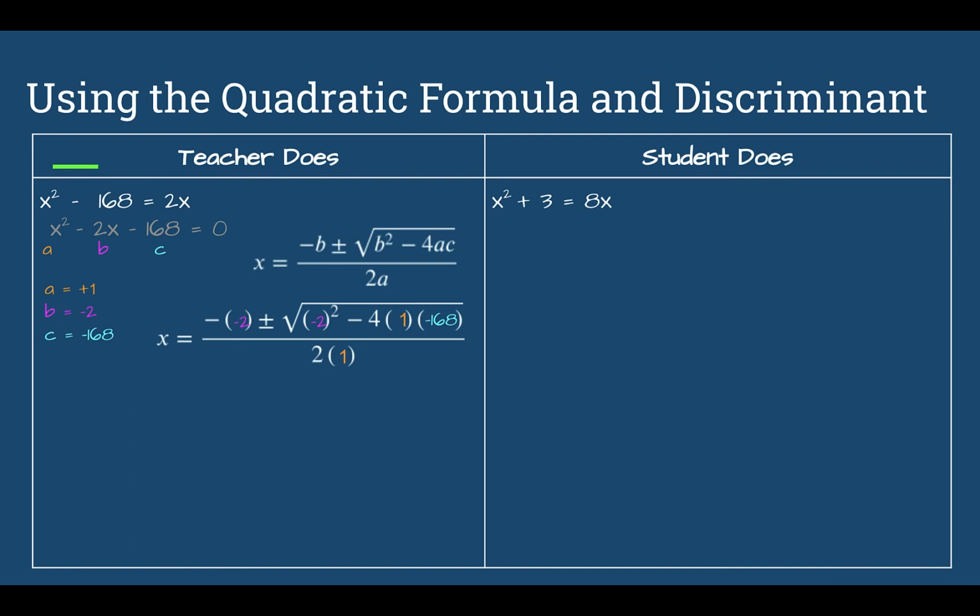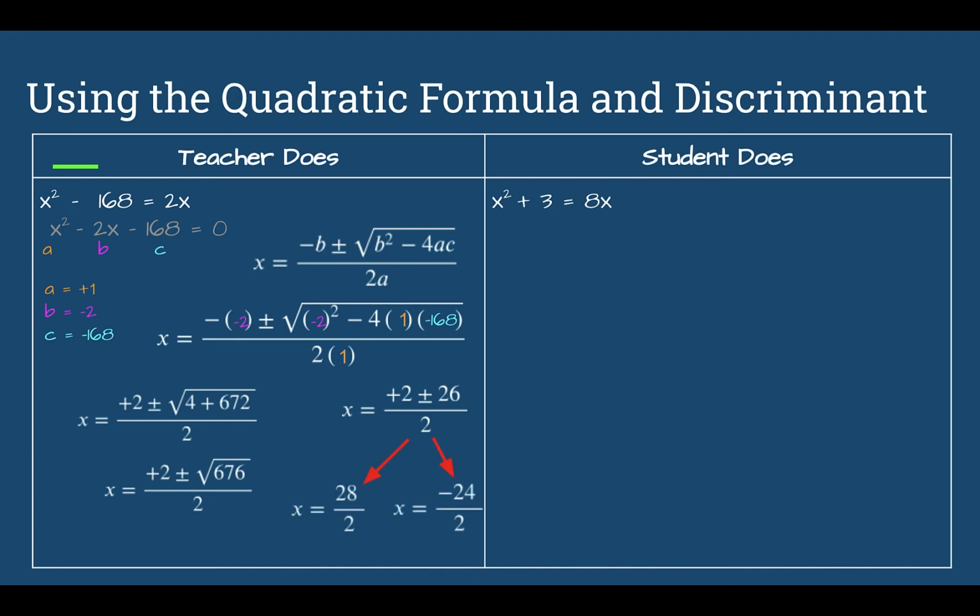Let's simplify that out. Combine our square root. Take the square root. Now we can separate. So 2 plus 26 is 28. And then 2 minus 26 is negative 24. Both of them divided by 2. You end up with x equals 14 and x equals negative 12.